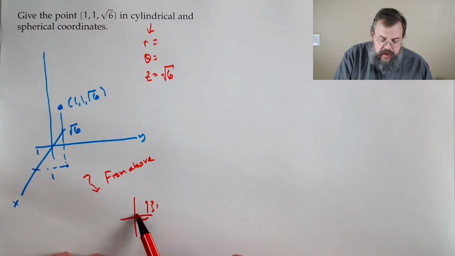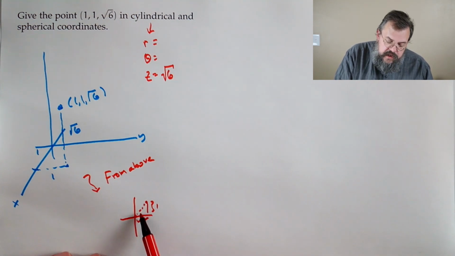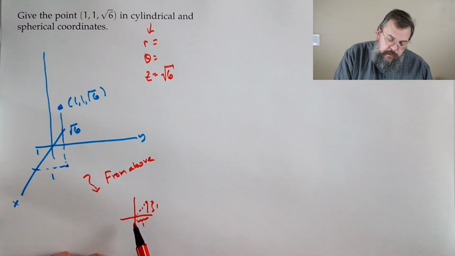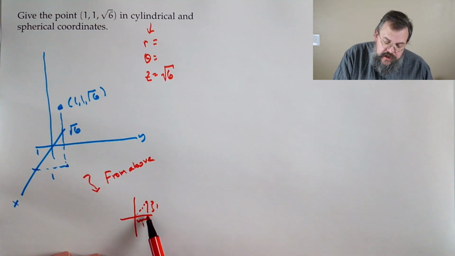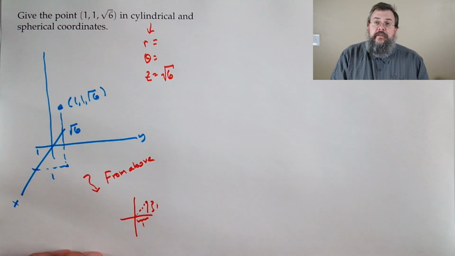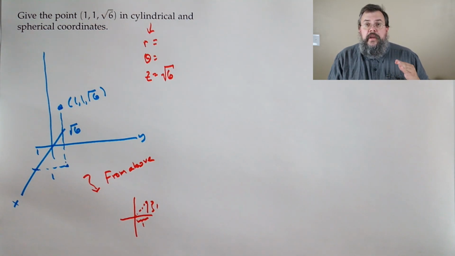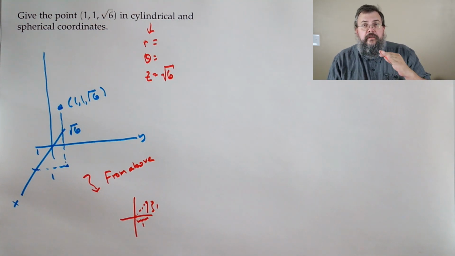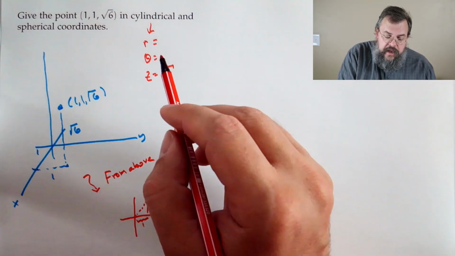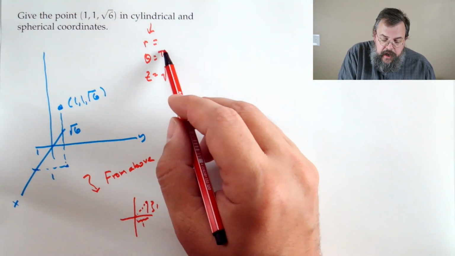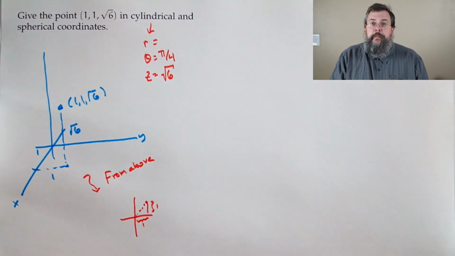And we say to ourselves, okay, well, what's the angle? Well, we can see that the amount of change in both x and y are equal, so that would be at an angle of pi fourths, 45 degrees. So that says theta is pi fourths.